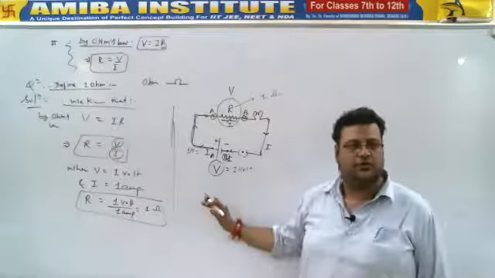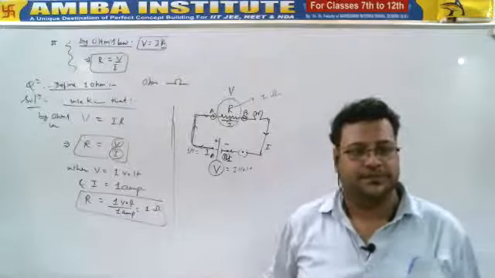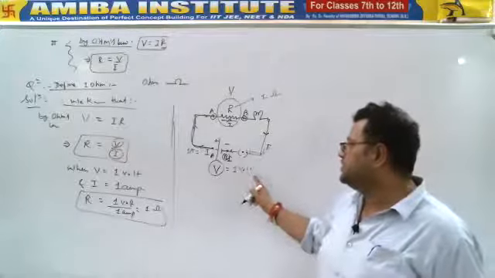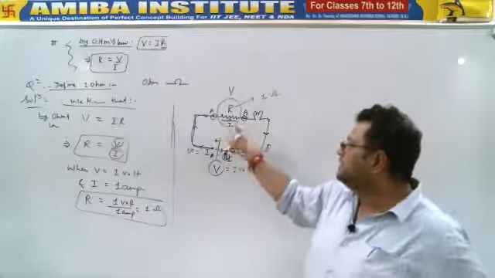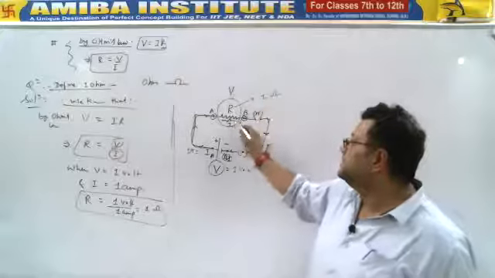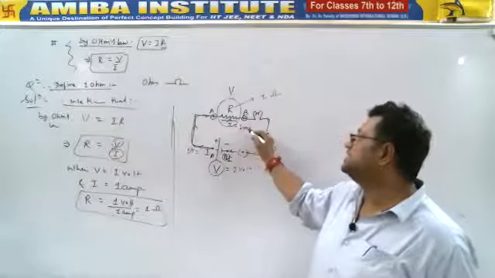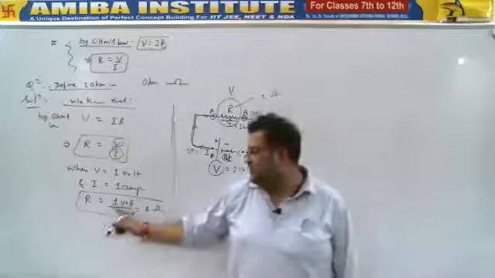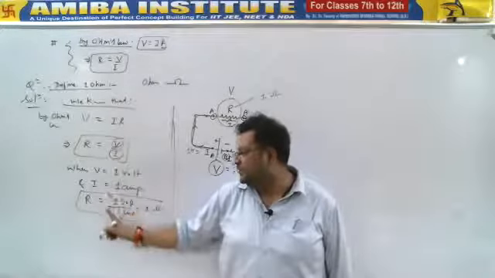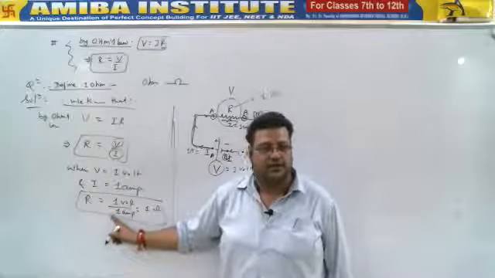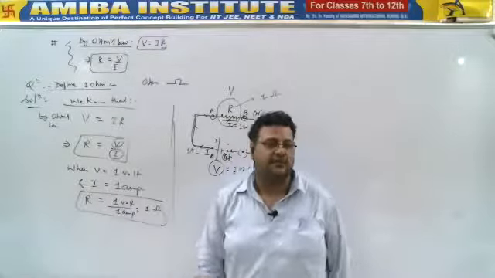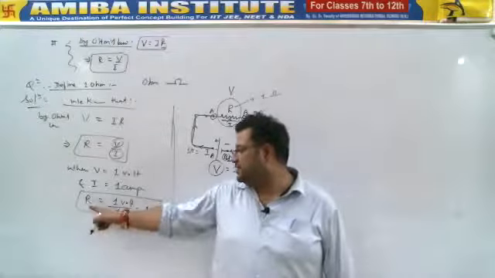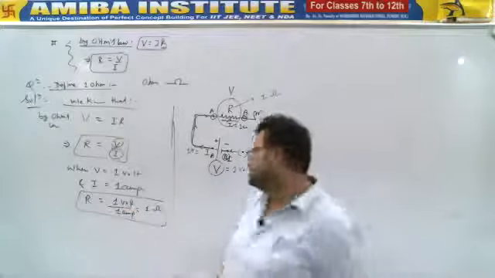So now we are going to define it: whenever a 1 volt potential difference is applied across a resistor through which 1 ampere current is passed, then the resistance of the conductor is said to be 1 ohm.